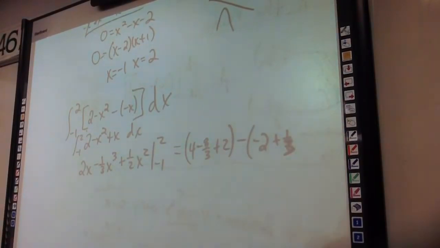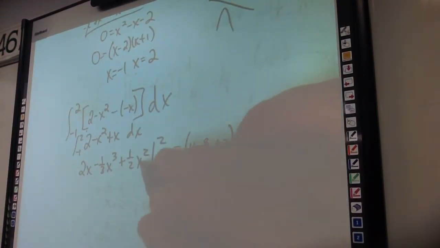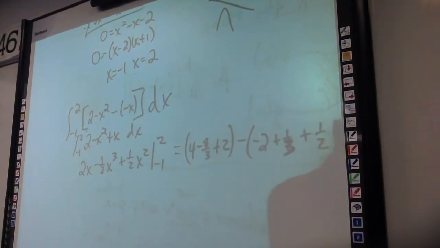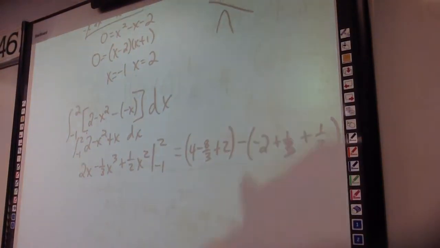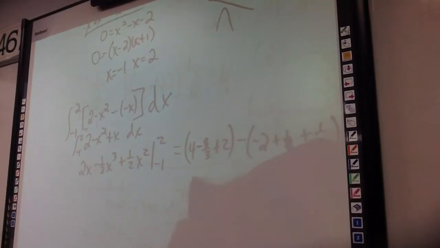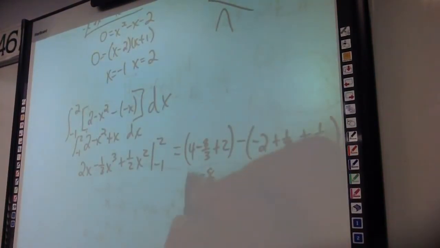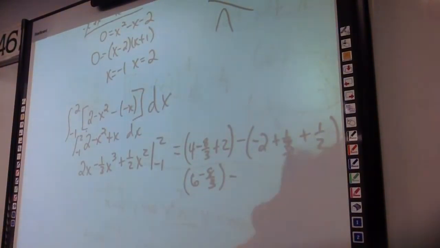Can I use my calculator? No. I'm really not good at fractions and adding. So practice that. Practice 2 to the third: 2 is 4, 2 is 8. Minus 8.